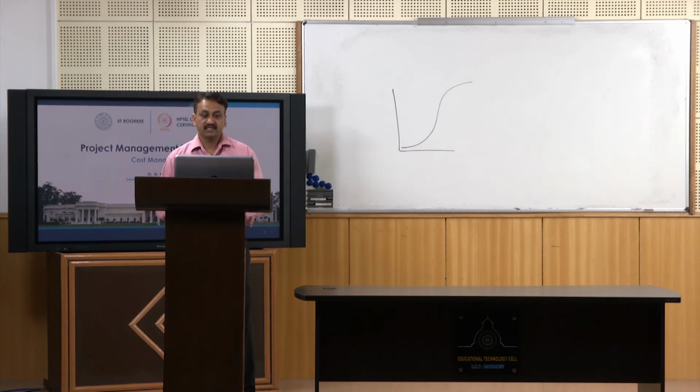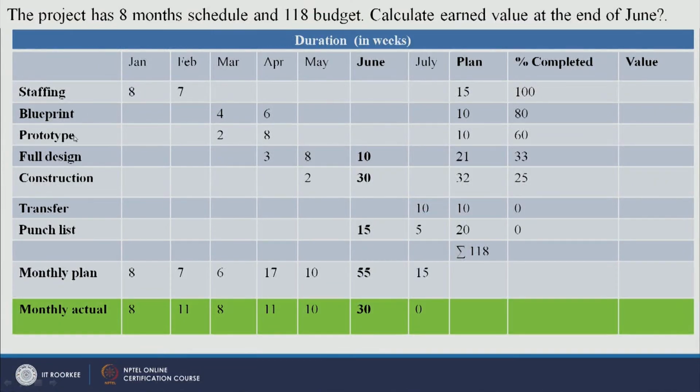There are different activities: staffing, blueprint, prototype, full design, construction, transfer and punch list. The plan for staffing is 15 and you have completed 100%. So what would be the value? You can calculate it; we did it in the previous example.